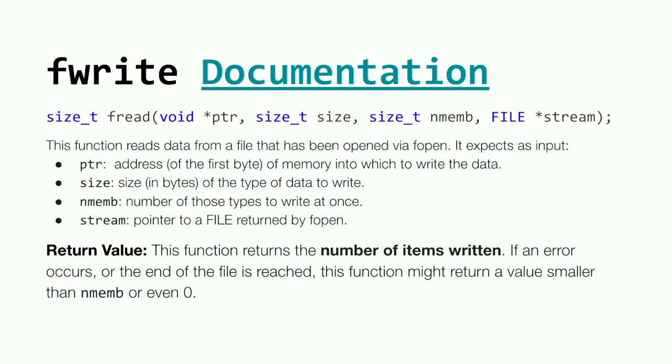So instead of reading to a certain buffer, or this address, we're going to be writing from that byte of memory. And then we're specifying how big in bytes the type of data is we want to write, how many of those to write at once, and then where we want to write to. Again, this function is going to return the number of items that we wrote.